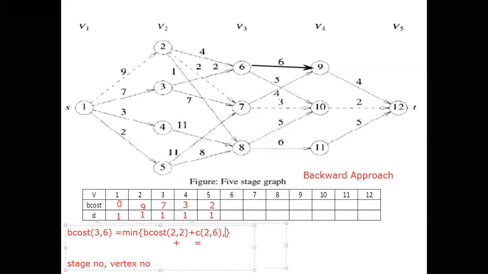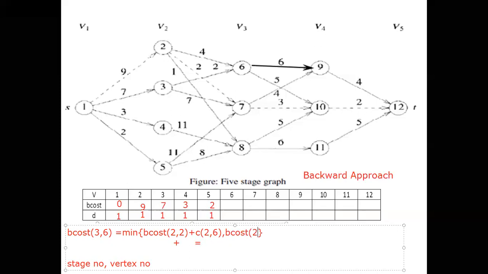Comma. Because one more value is coming from 3 to 6. That we have to write. How to write? B cost of, I will increase it. Yeah. B cost of, what is the value? What is the stage number? 2. Which is the vertex? 3.